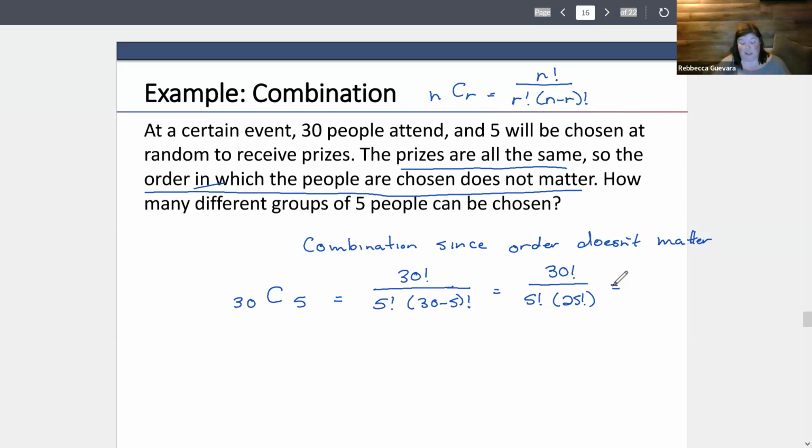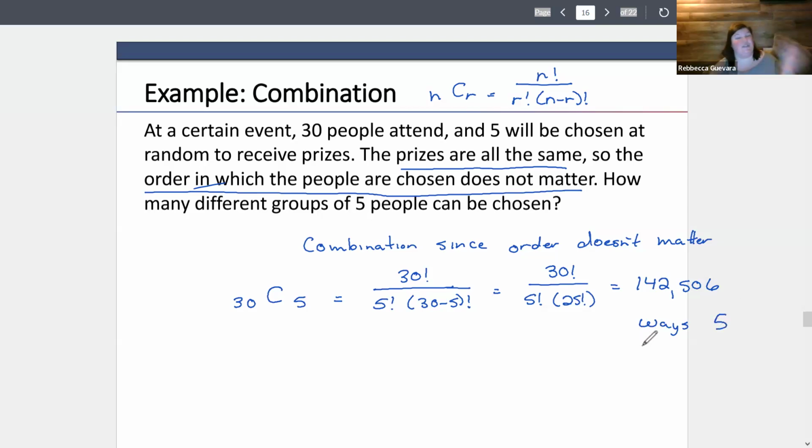So you know how to use the factorial buttons. So if you wanted to put this as all one problem, you could. I'm going to show you in a little bit how I can do this with a combination function like we have for permutations. But what I get here is 142,506 ways 5 people can win.